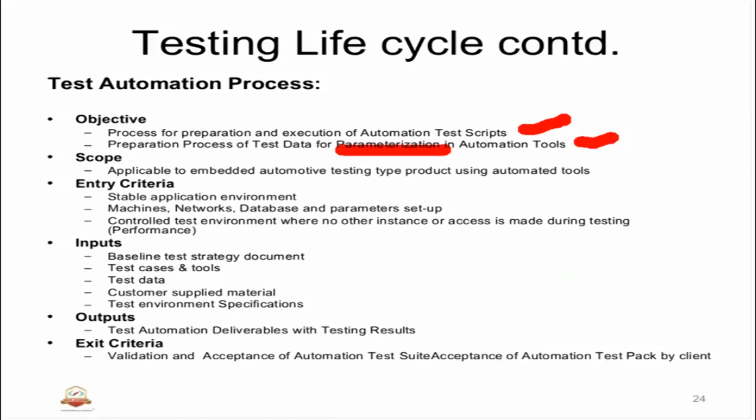All this will be fed into the automation tools. Automation can be done with the help of Python or any of the DOS batch execution. All this will have test data. Test data needs to be parameterized for each of these scripts, inputs, execution.